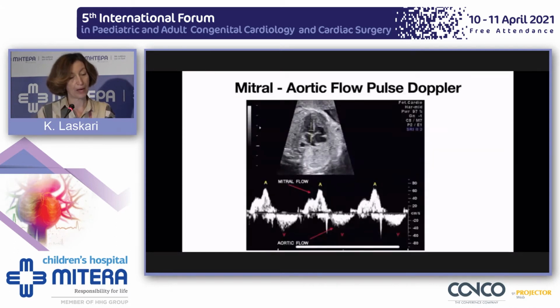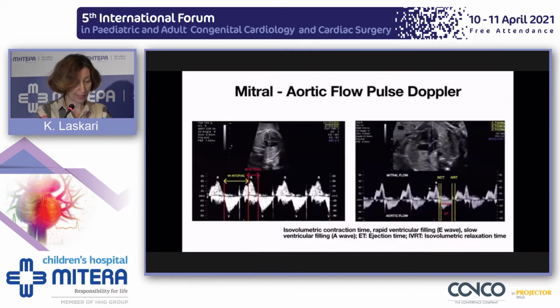Another way to evaluate the fetal heart rate is mitral to aortic flow pulse Doppler. Once you put a pulse Doppler between the mitral and aortic valve, one can take a Doppler of the atria and ventricles, and find the interval between the atrial and ventricular systole.